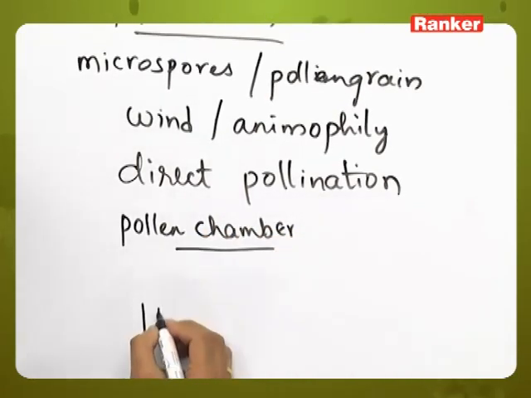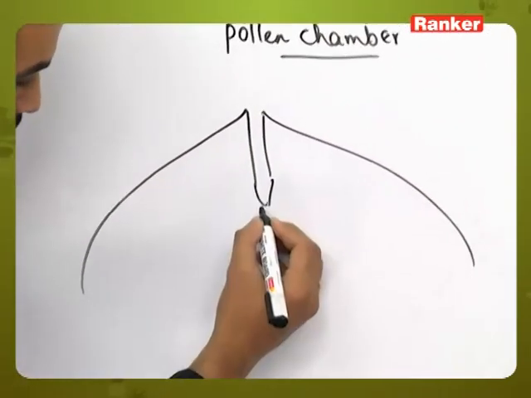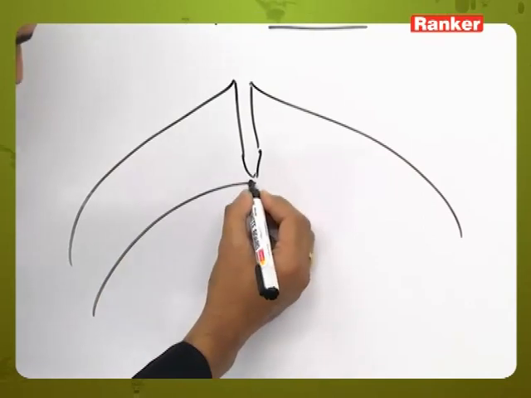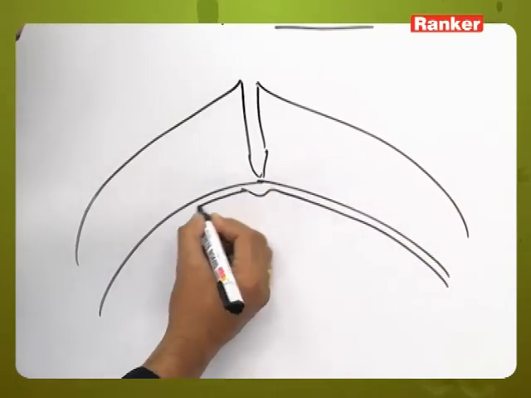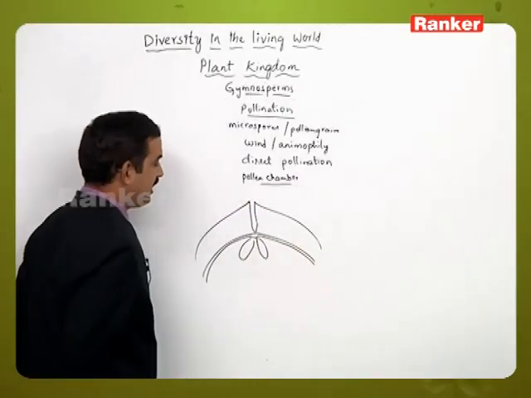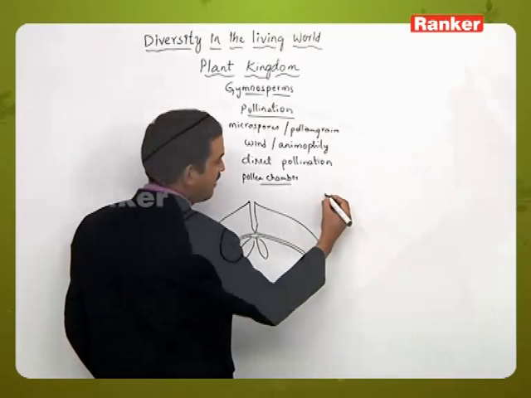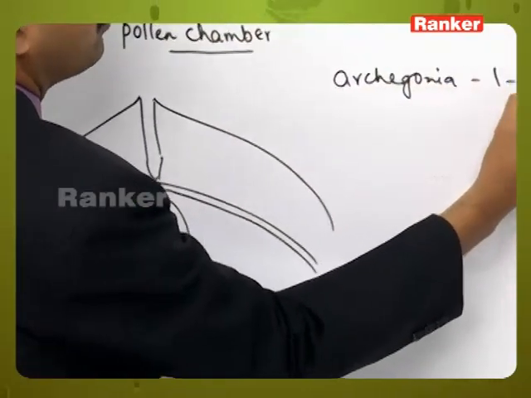or this is the ovule. And here the archegonia are present, and the number of archegonia may be 1 to many.